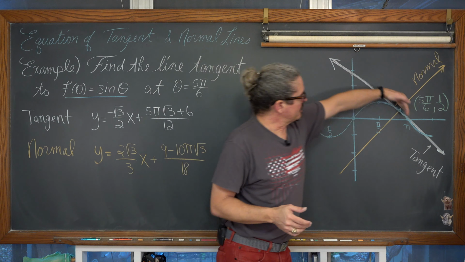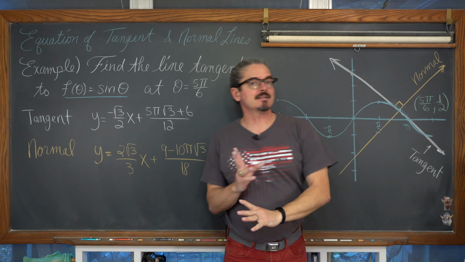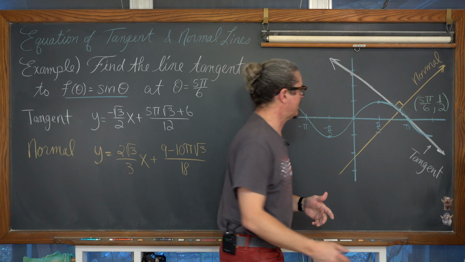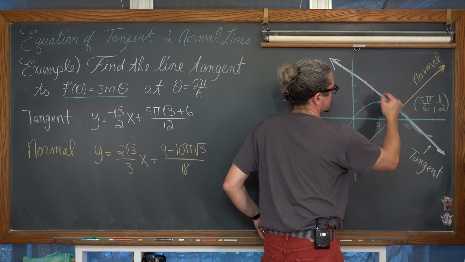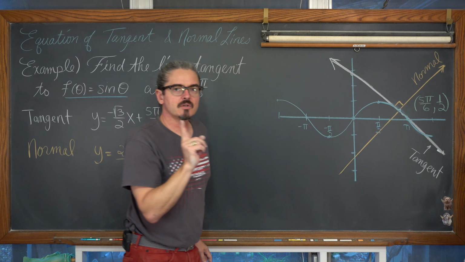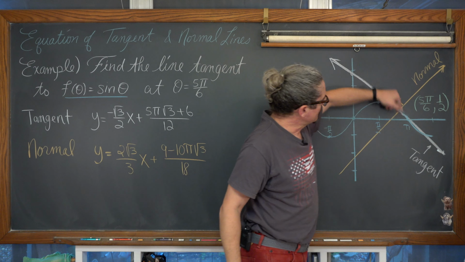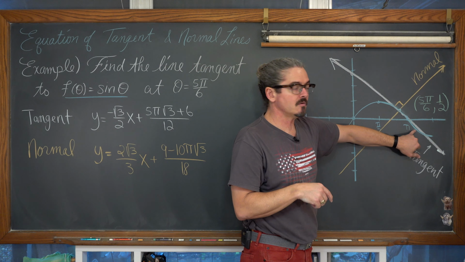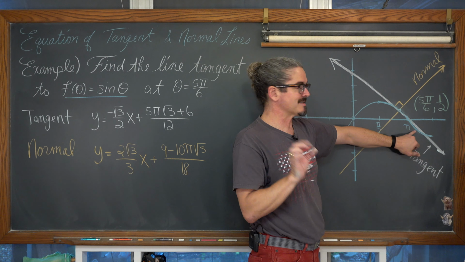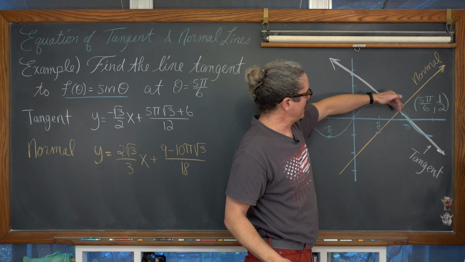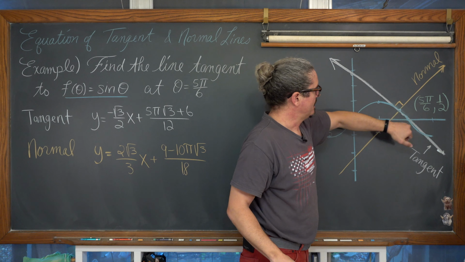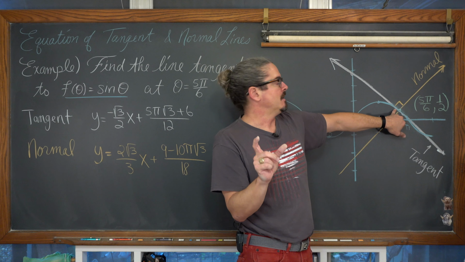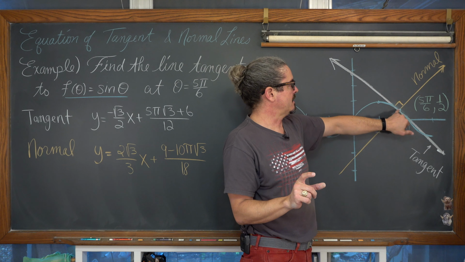Now, I really tried to make this a pretty decent graph without the aid of technology, which I have, Desmos on my iPad and this picture already set up, but the amount of separation that I have between the sine wave and the tangent line is actually slightly exaggerated here. So we have an area of the sine wave that may be almost indistinguishable between the tangent line and the sine wave.